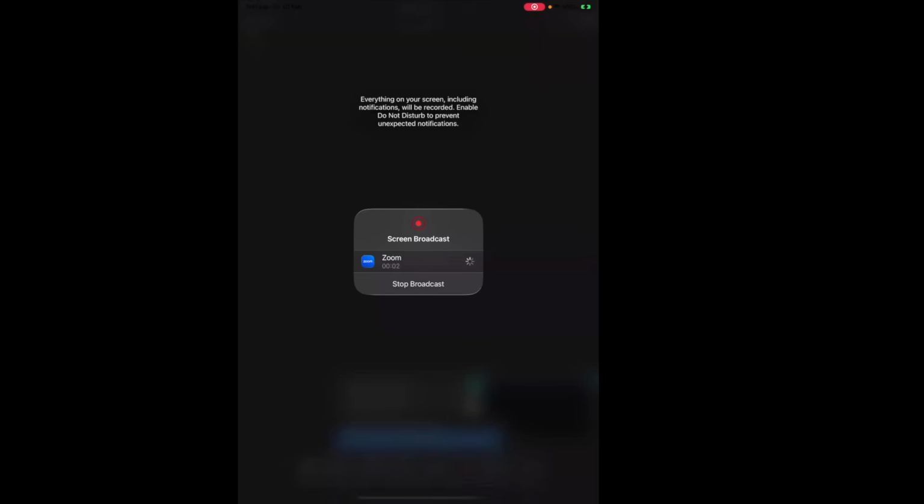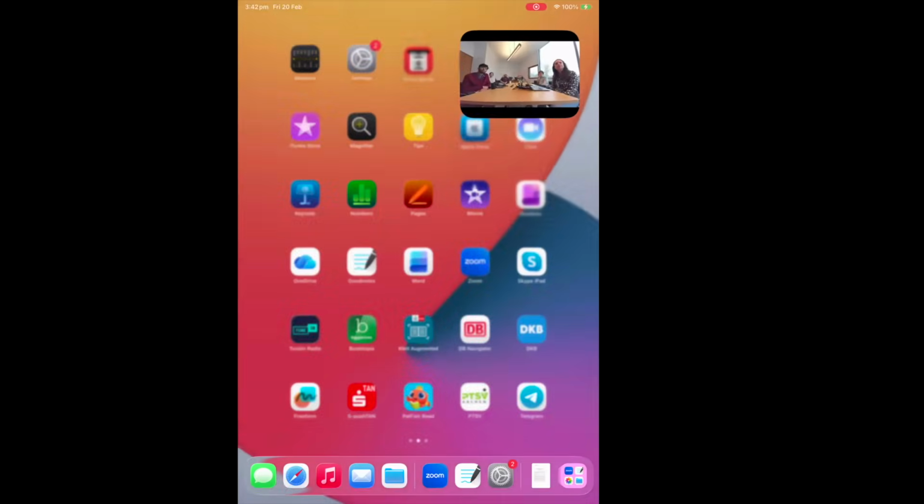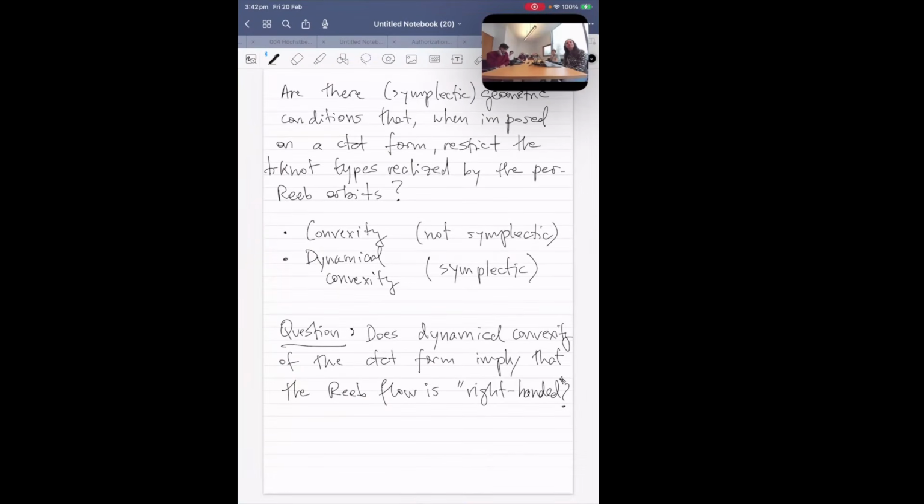Right, so right-handed here means that every single link of periodic orbits spans a global surface section, right? In particular, so this means that every link of periodic orbits spans a global surface section.